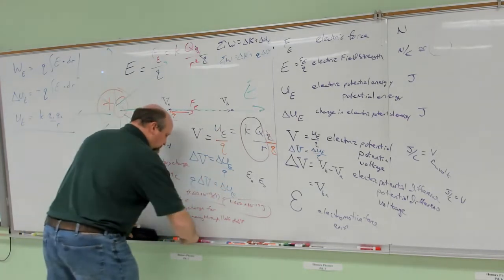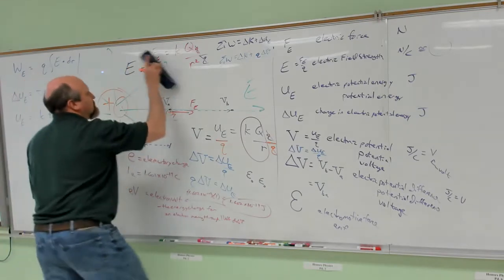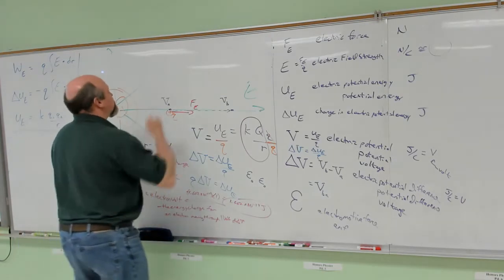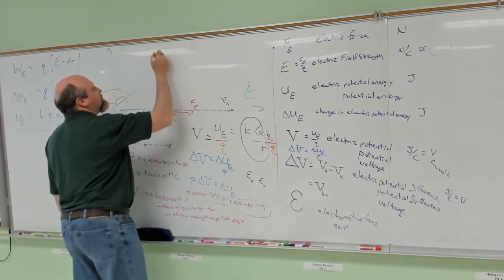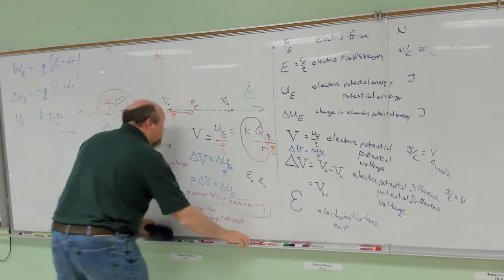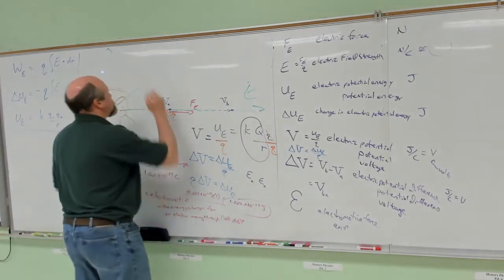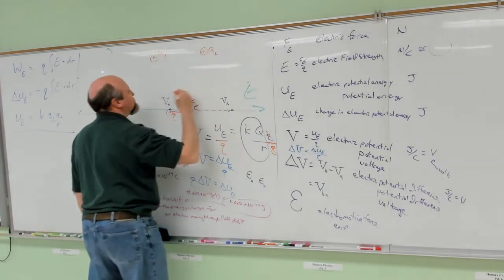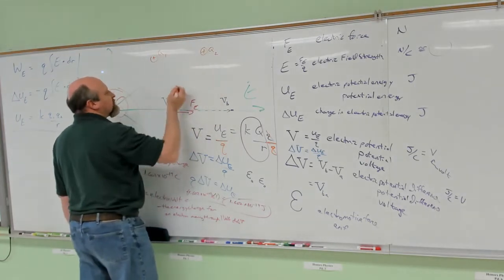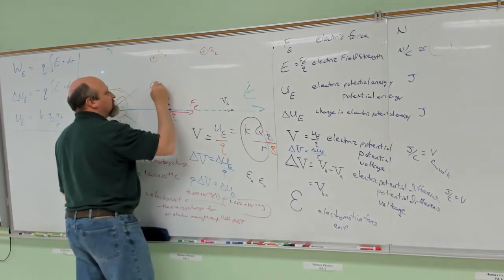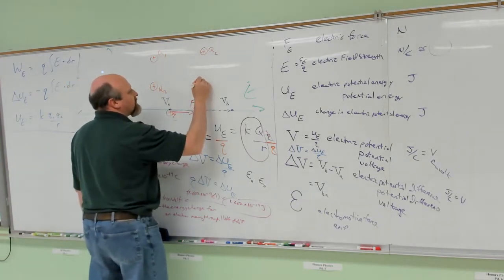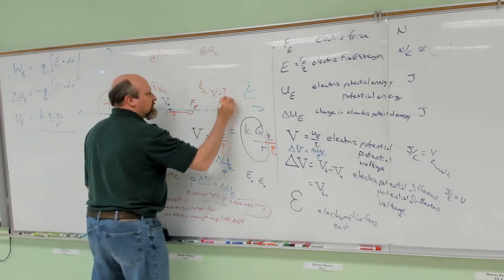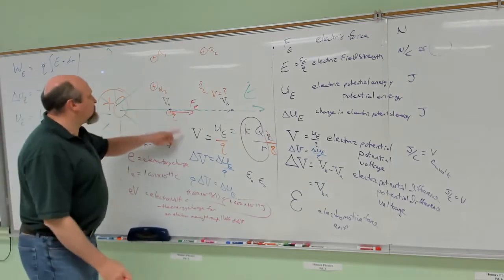So if I had some sort of arrangement, like, look, I've got a charge here, Q1, and here's Q2, and maybe another charge here, Q3, and I want to find what the potential would be right at this location. Well, I would just add up my potentials from all these charges.